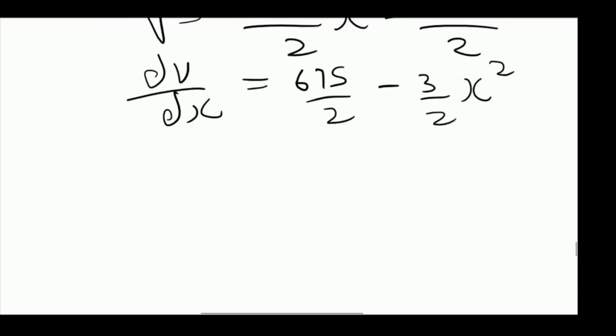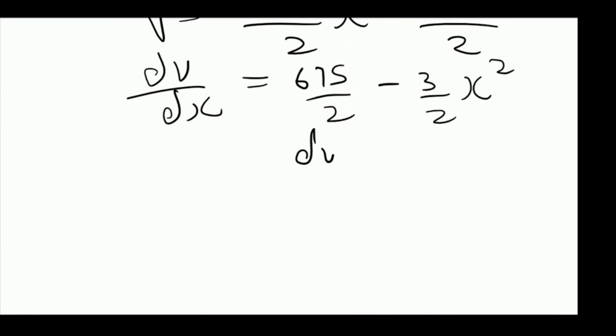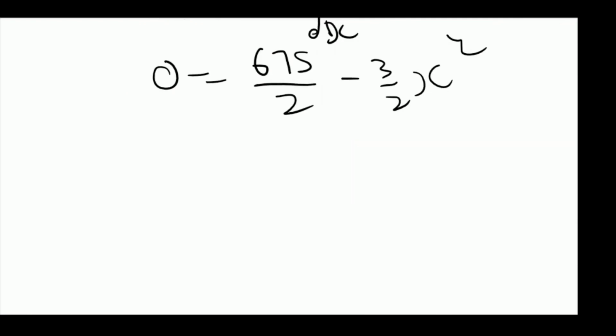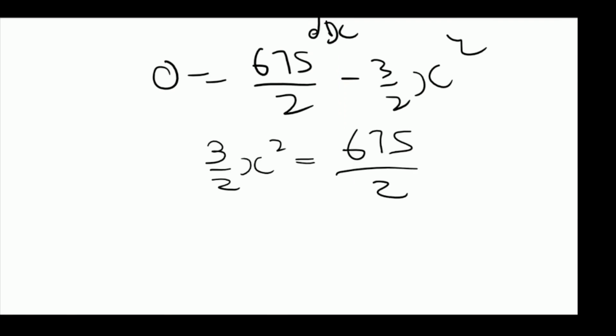So now we're going to equate the derivative to 0. So it's going to be 0 is equal to 675 over 2 minus 3 over 2 x squared. And then we transpose the 3 over 2 x squared. It's going to be 3 over 2 x squared is equal to 675 over 2.